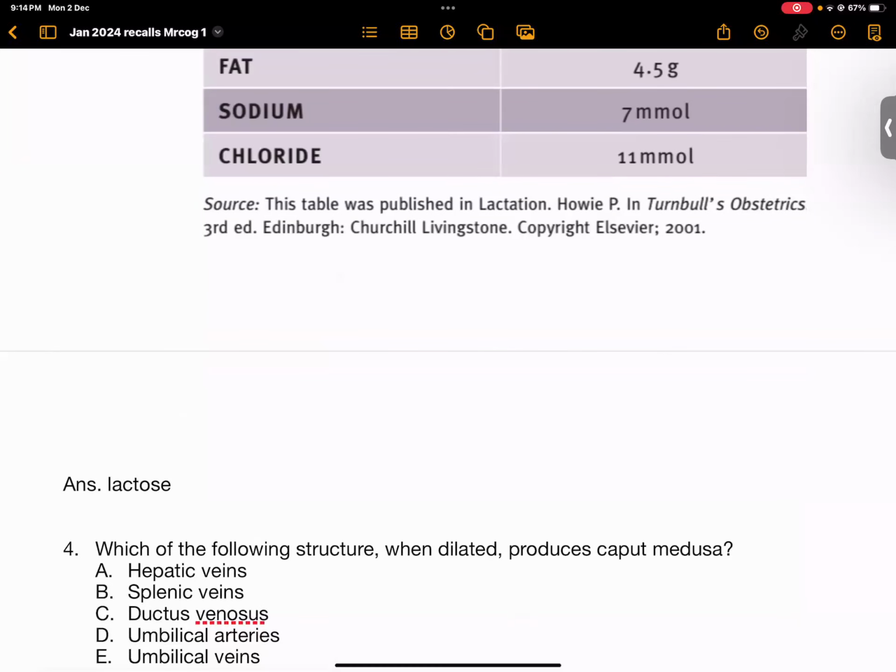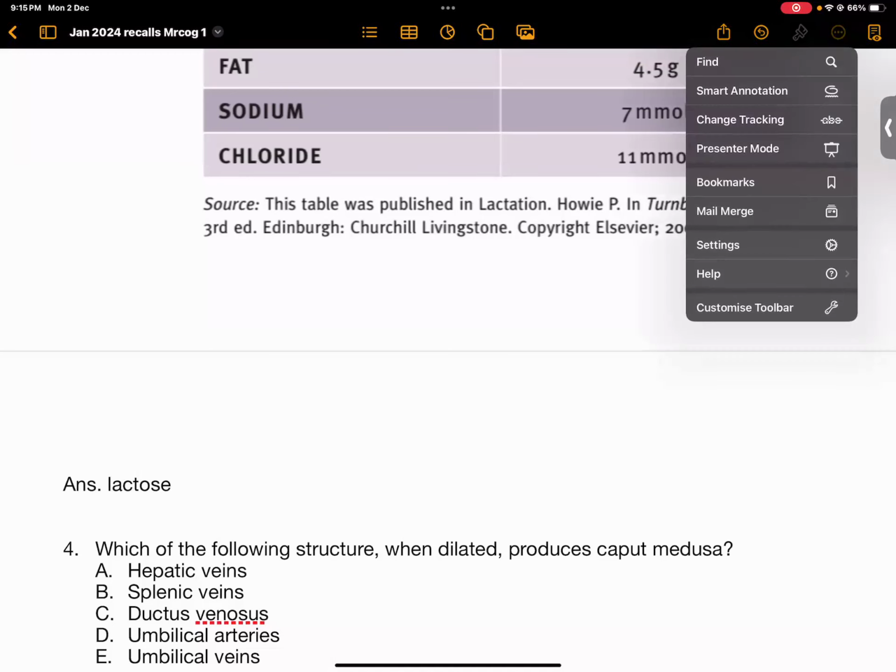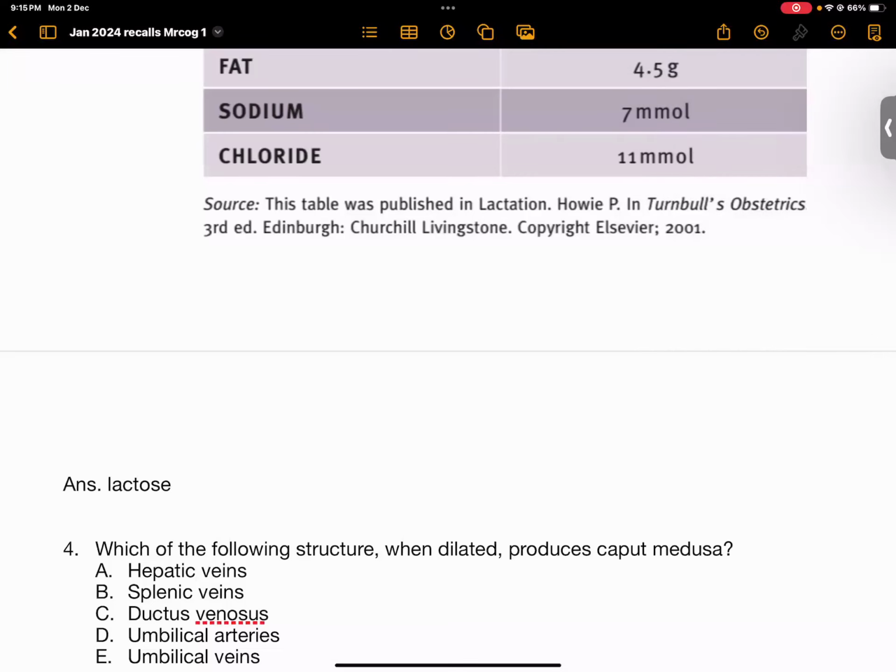Which of the following structures, when dilated, produces caput medusae? Caput medusae, who will answer?